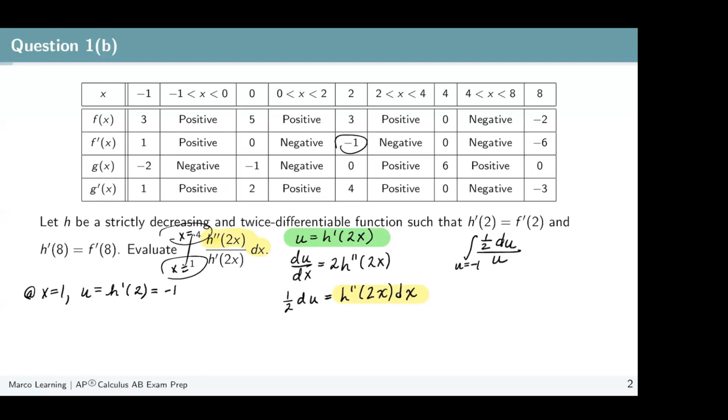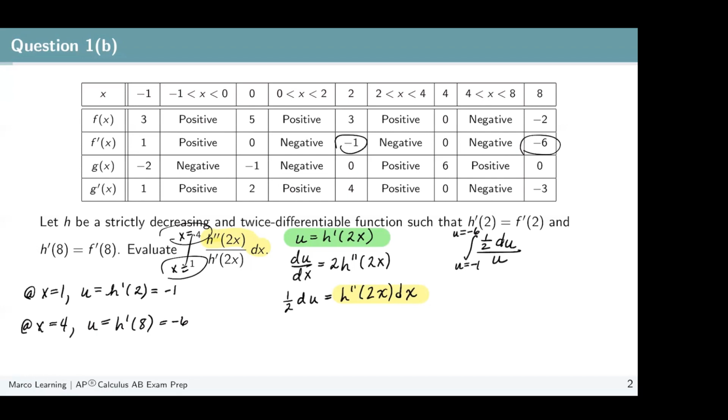When x equals 4, I'm going to substitute 4 in for x. I get u equals h prime of 8. And we're told that h prime of 8 equals f prime of 8, and we can get that value from the table. That is -6. So we have the upper limit of integration, u equals -6.